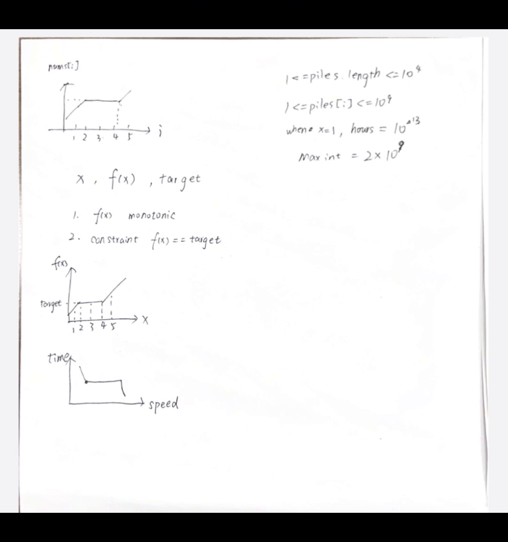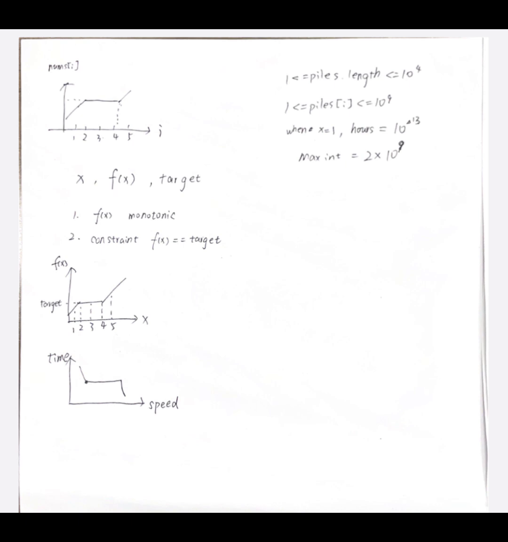For example, for this problem we want to find a minimum speed, and in other problems, it's possible that we want to find a minimum number of something, a minimum quality. So for this kind of algorithm problem, we use binary search to search the boundary.